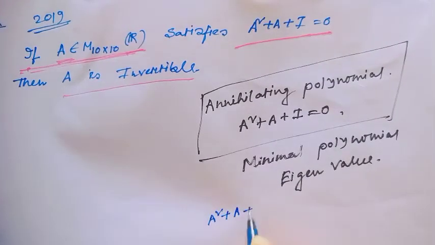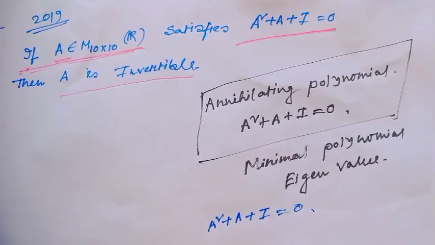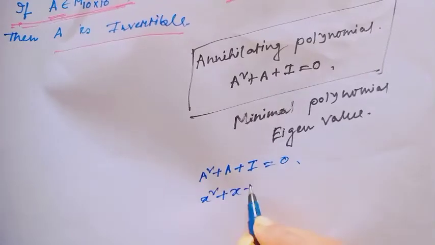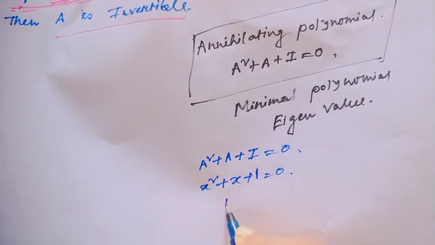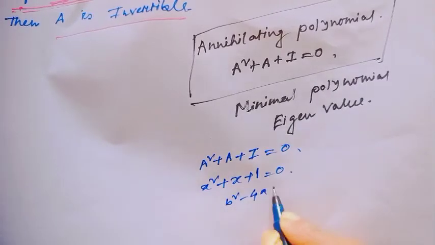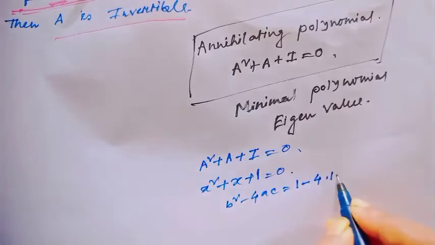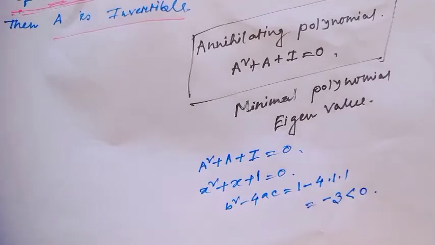Here the annihilating polynomial A square plus A plus identity equal to 0. Notice this is actually the equation x square plus x plus 1 equal to 0. The discriminant b square minus 4ac is equal to 1 minus 4 times 1, which is equal to minus 3, which is less than 0.